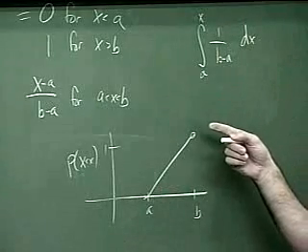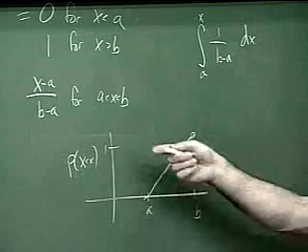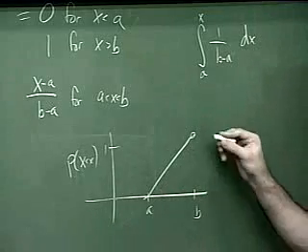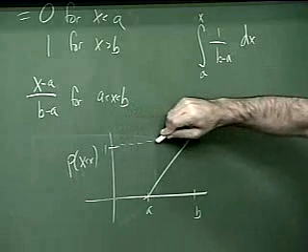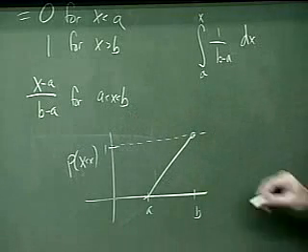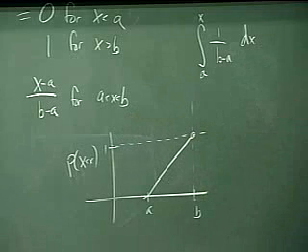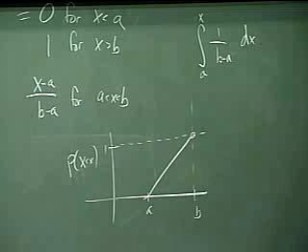That's a uniform distribution for probability X less than x on a, b. And this is 1. Okay?